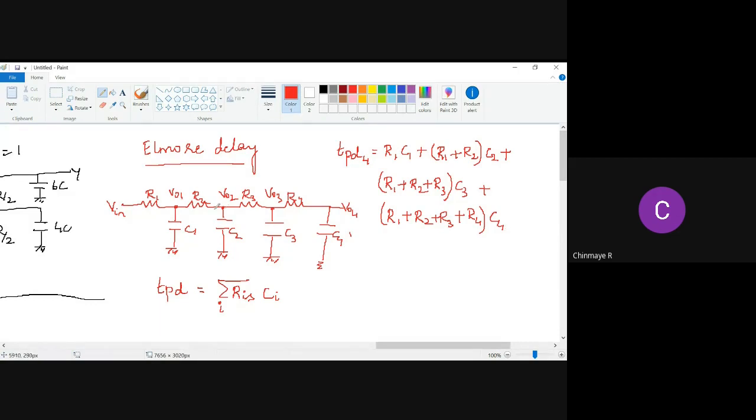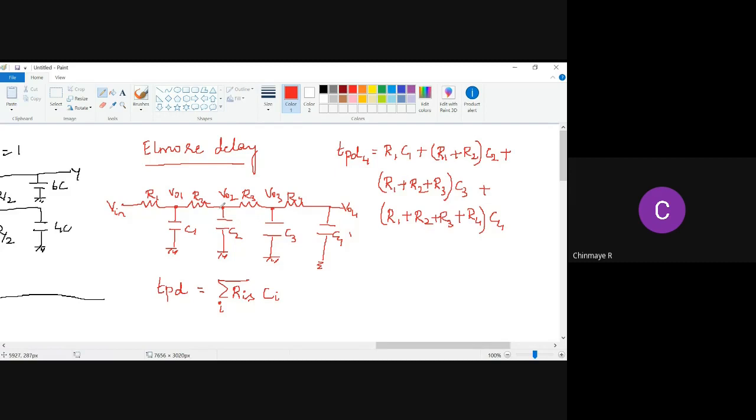So now here we see that all the resistors are in the shared path. While calculating the delay due to the capacitor C1, we just take the resistor R1. So first term is R1 into C1. When we are calculating the delay due to the capacitor C2, we see that both R1 and R2 are in its path.